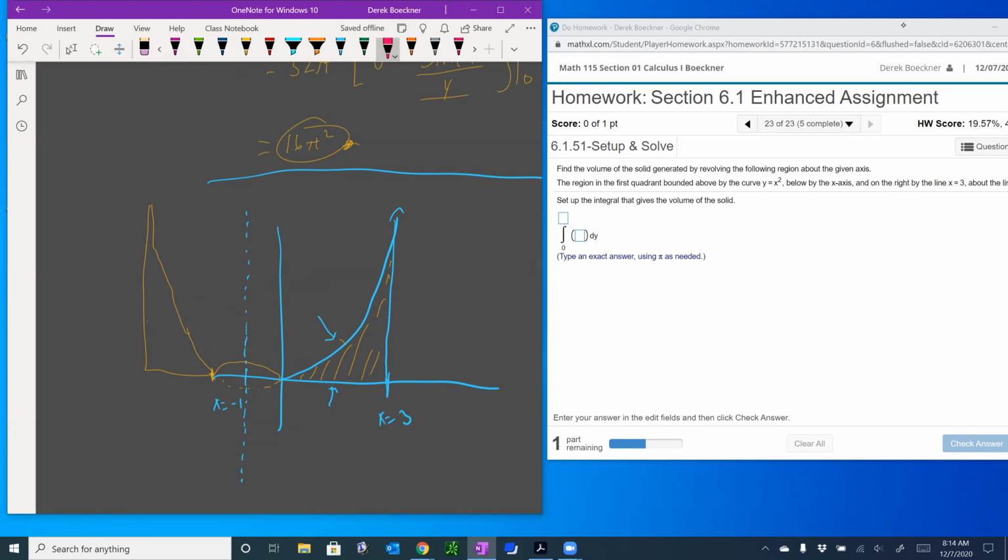If I take a representative rectangle here, and I rotate it through, you get sort of tube-shaped pieces that are dx wide, and however tall the rectangle is, and the radius is this distance from x equals -1 out to the point. Does that make sense?